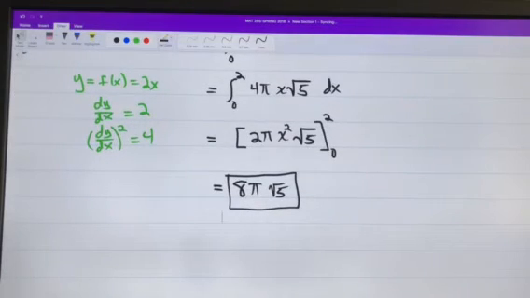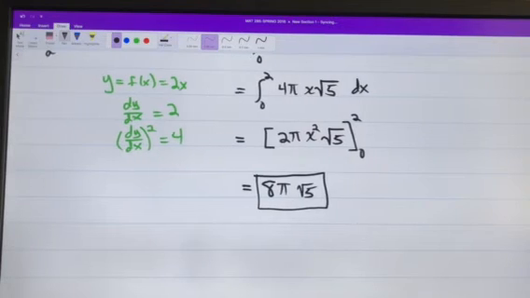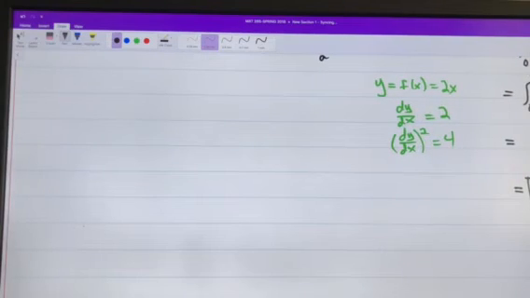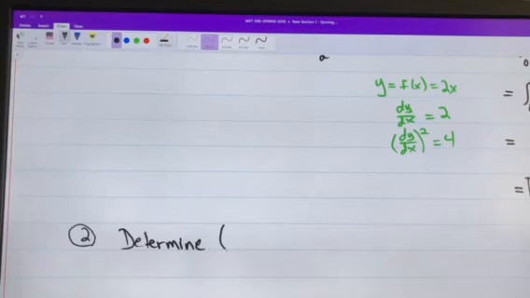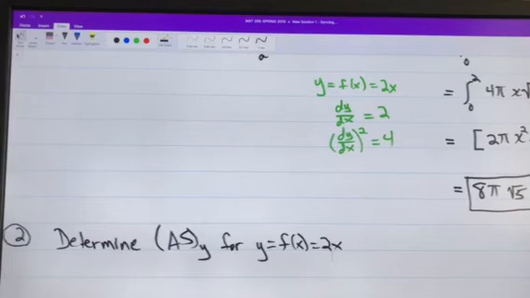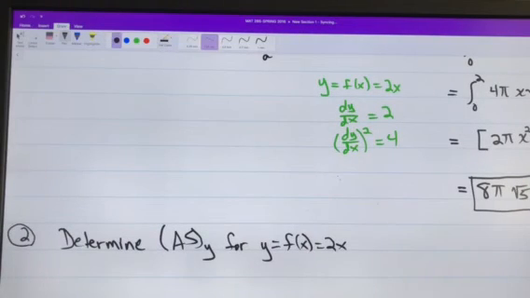So again, we have for this particular item, if I determine the area of surface about the y-axis, once again I have x between 0 and 2.